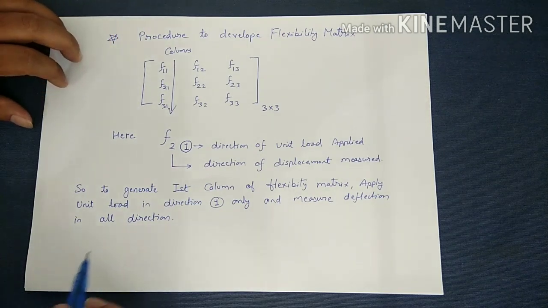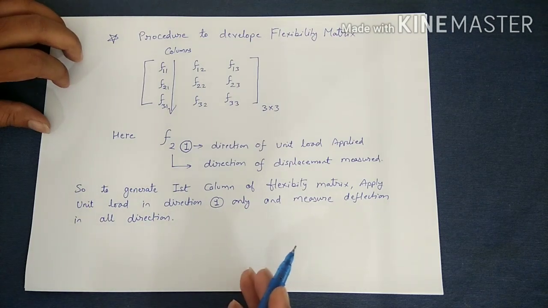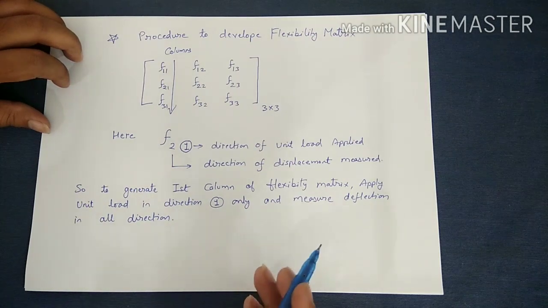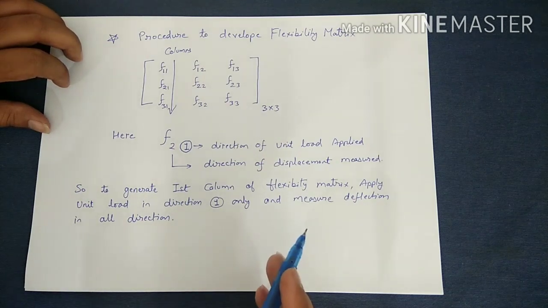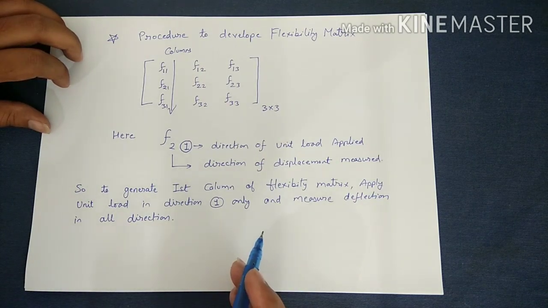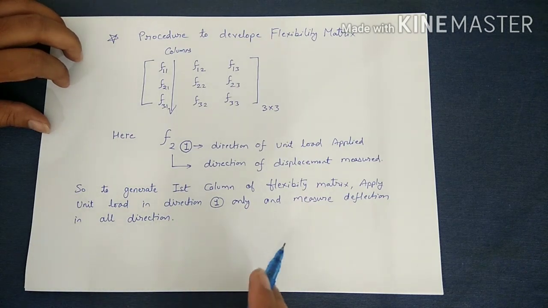Similarly, if we have to generate the second column of the flexibility matrix, apply unit load in direction 2 only and measure the deflections in all directions. Similarly, we can find many of the columns as per the given condition.